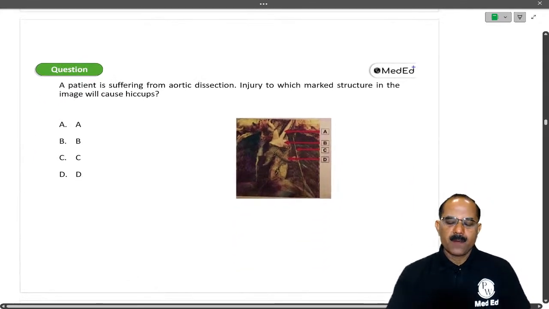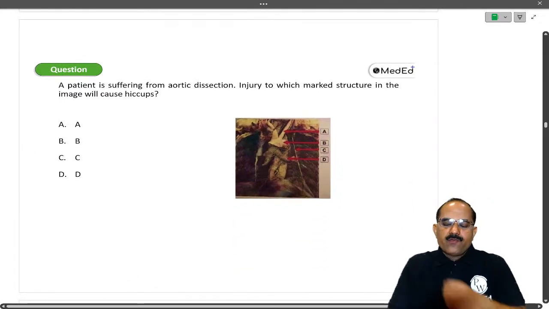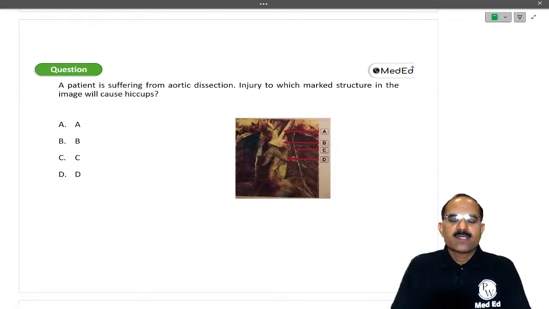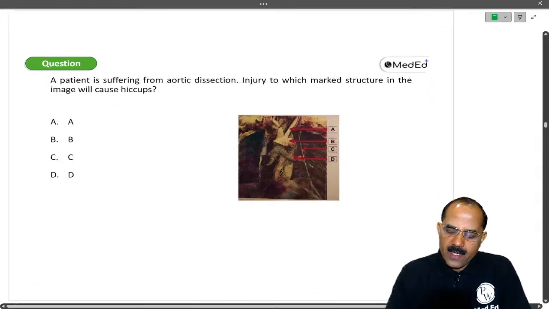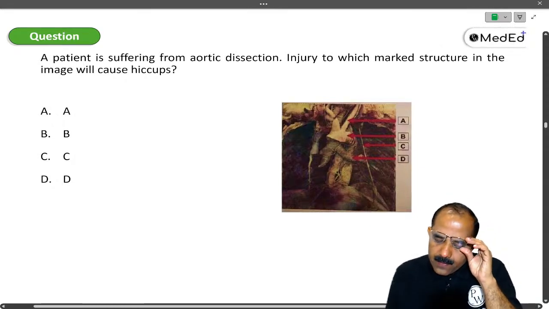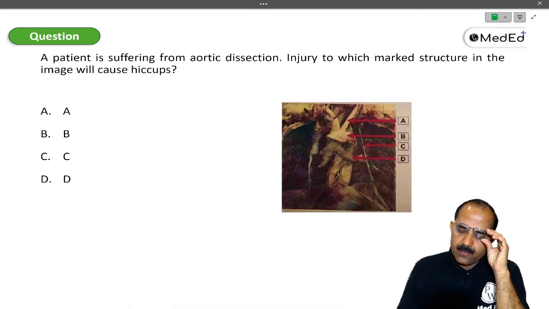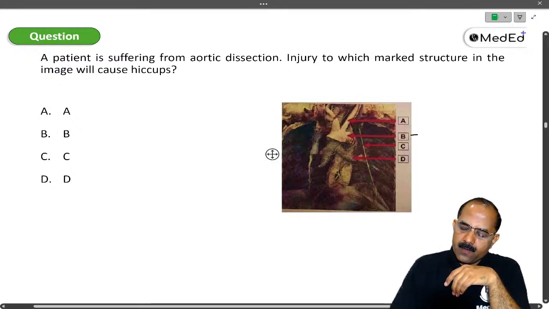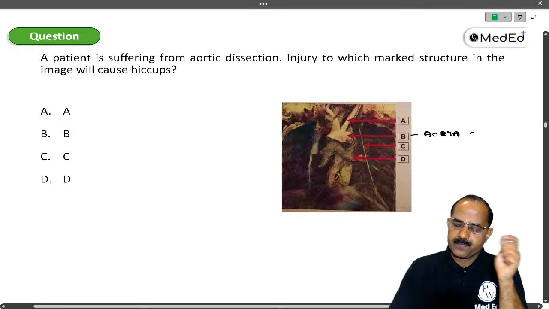Answer this. A patient dissection. Injury to which of the following structures in the image will cause hiccups? Any guesses? What is this? B क्या है? Aorta.